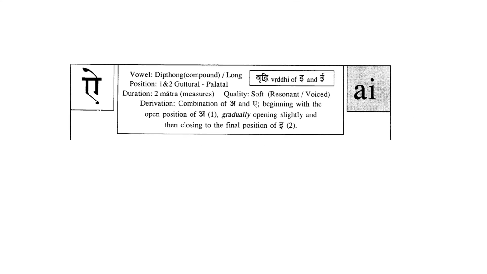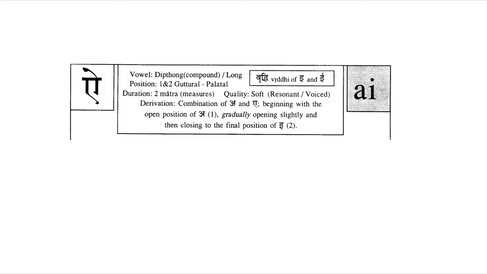This letter AI is considered to be a double strengthening of I and E. The technical term in Sanskrit for this is vriddhi. Vriddhi literally means expansion. The full expansion, the double strengthening of I and E, is the letter AI.